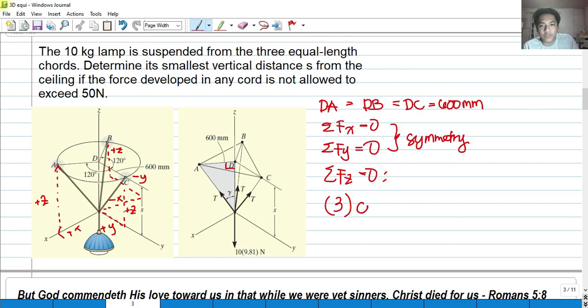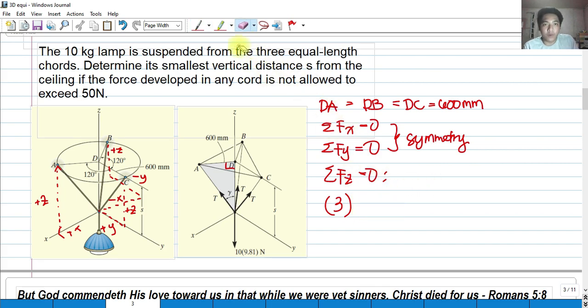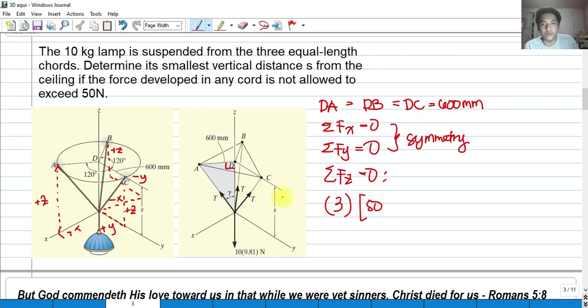So we have 3 times 50 cosine gamma, that's the maximum tension, minus the weight, which is 10 kilograms times 9.81, equals 0.